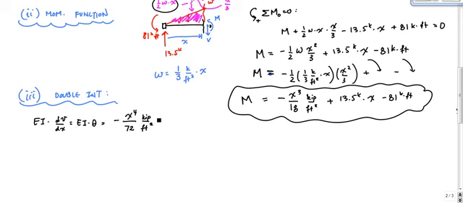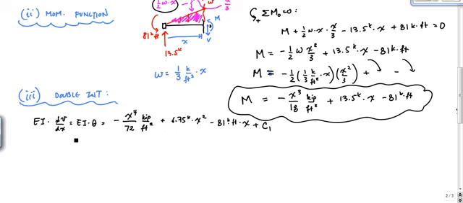Plus 13.5 divided by 2, which is 6.75 kip times x squared, minus 81 kip-feet times x, plus a constant, I'll call that C1.